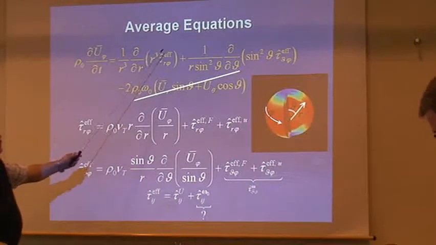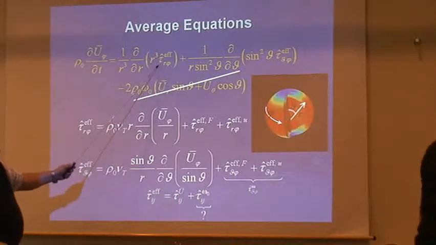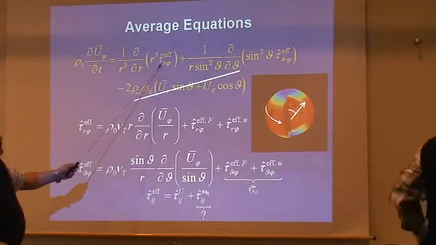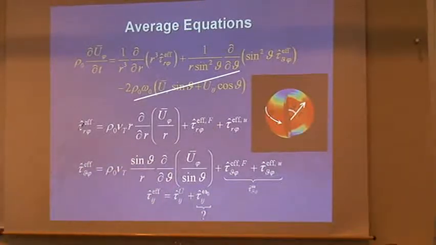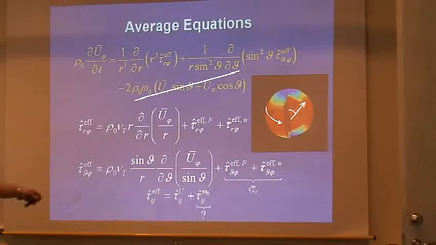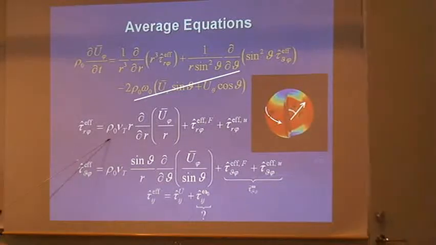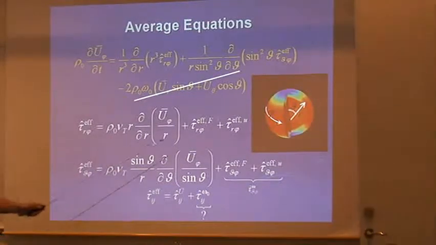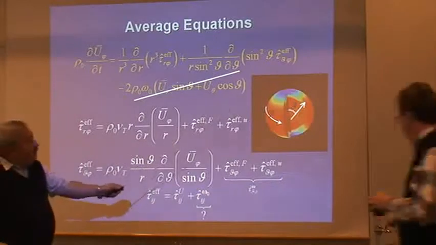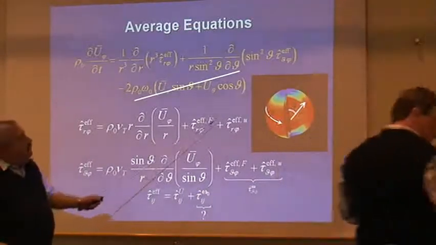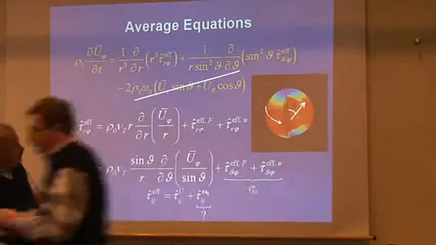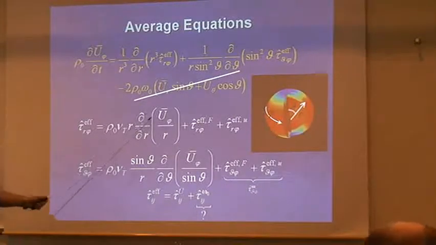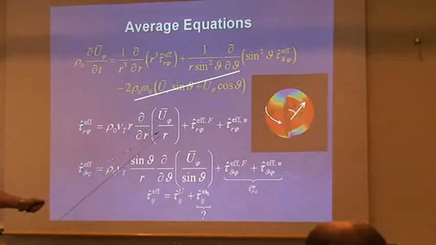We've got two Reynolds stresses, the R phi direction and theta phi direction, and we can split these stresses in two parts. One of them is traditional, it is turbulent viscosity, and two contributions, which are more or less proportional somehow to rotation.